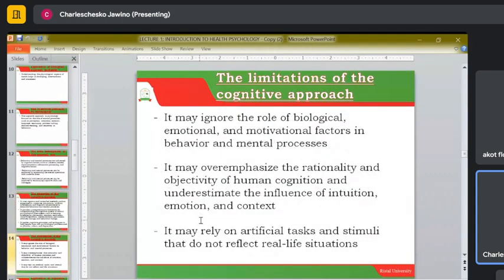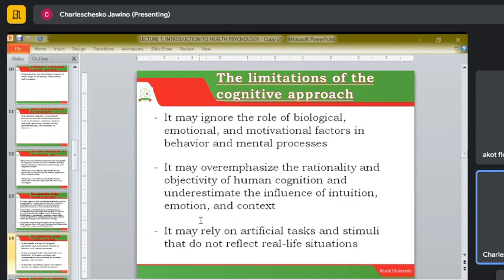Limitations of the cognitive approach. The cognitive approach may ignore the role of biological, emotional, and motivational factors in behavior. In other words, we saw the biological approach, and it told us that chemical mediators can cause a deviation in psychology. Yes, but the cognitive approach tends to neglect that.